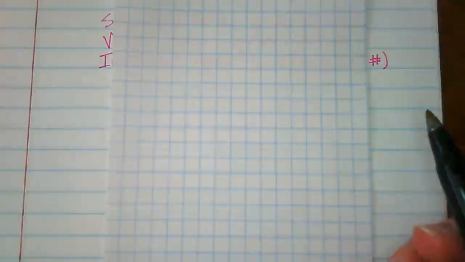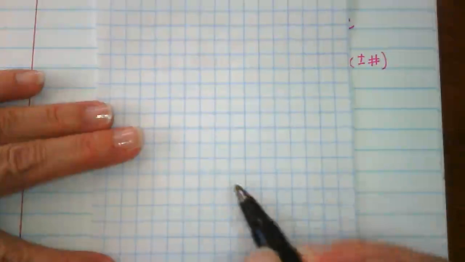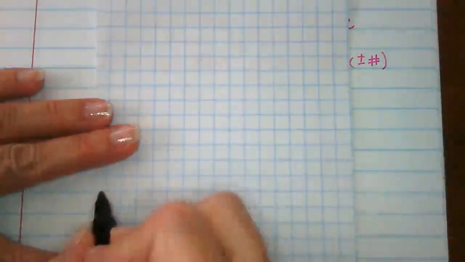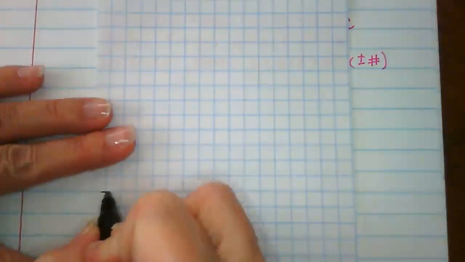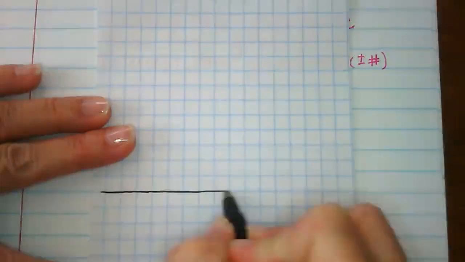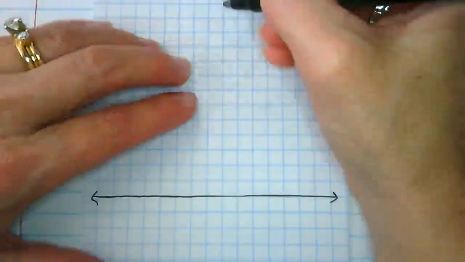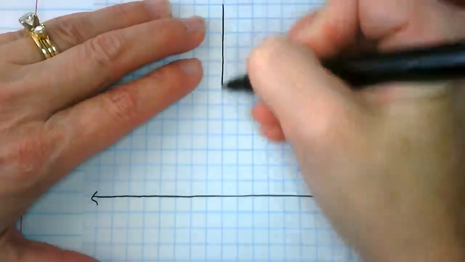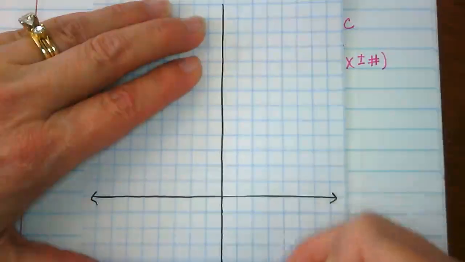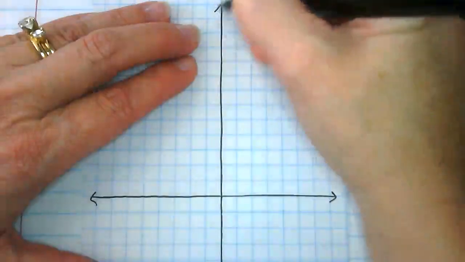I've made mine pretty rectangular, and I am going to make this vertical, and I'm just going to start setting this up with an x and a y-axis. Again, if you need to pause the video so that you can get yourself some graph paper and get it set up, then please do.